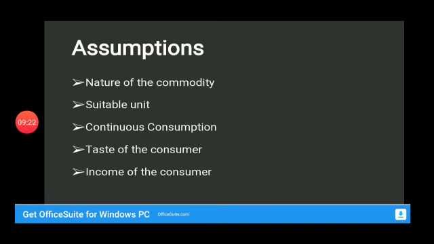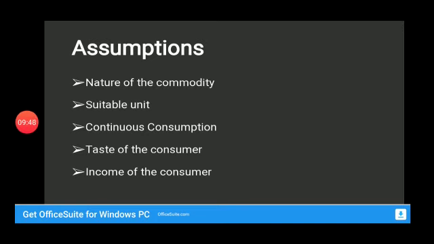The second spoon would have more utility than the first one. The third spoon would have more utility than the second one, because the spoon is not a suitable unit. So a consumer should consume with the help of a suitable unit, that is, he should drink a glass with a glass.